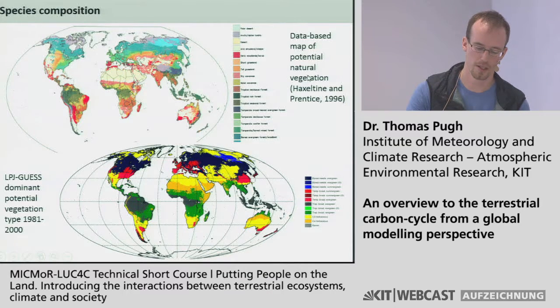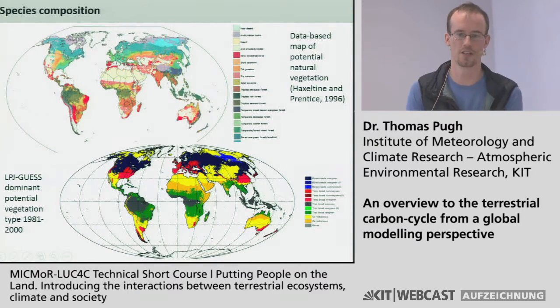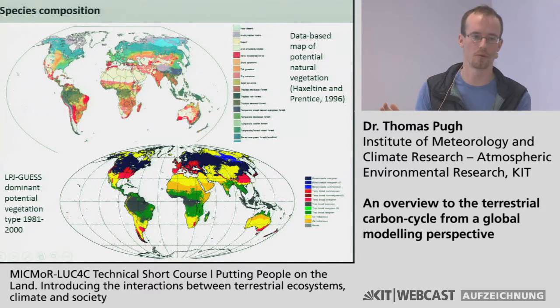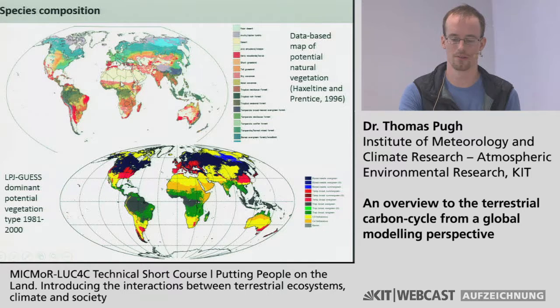So this is just showing a potential natural vegetation map from LPJ-GUESS. So the vegetation that would be there if there was no human influence at all, according to our model processes. And this is an attempt at reconstructing what the potential natural vegetation should be based on observations. Obviously there is no observation of real potential natural vegetation.